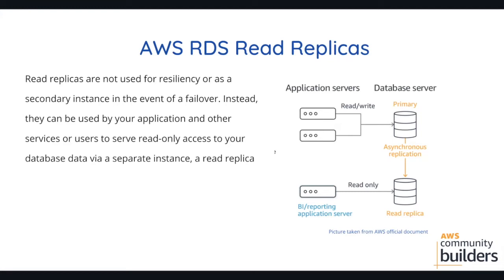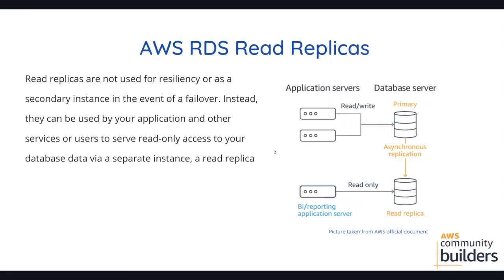So each database has a different limit on the replica count. Look at this diagram here. This is one application server where the read-write queries go to the primary database, and here is another read replica where read-only queries can go. Even that application server's read queries can also be routed to the read replica. It's our choice where to point it.